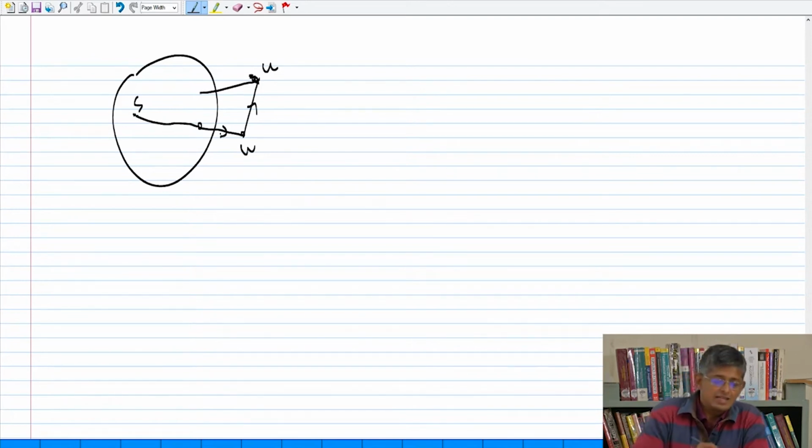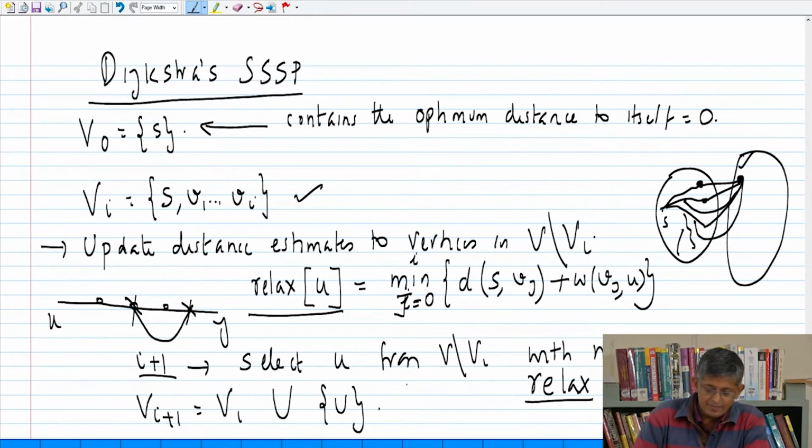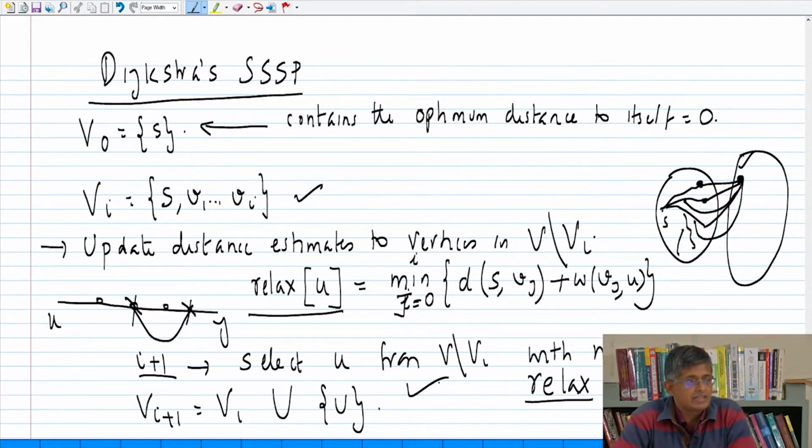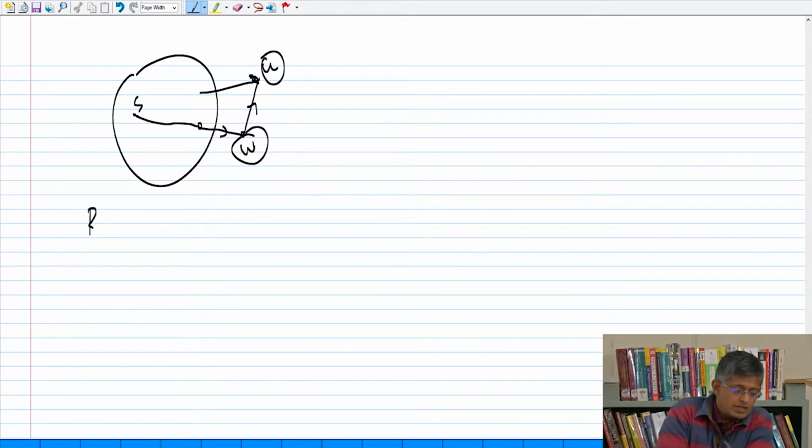Exactly: relax of W would have been smaller than relax of U because all the edge weights are positive, so you would have chosen W and not U. This completes the proof that this step in the i+1th iteration is the correct step and you've got the correct distance to U. Fine. That completes the whole proof. We only need to study the running time.